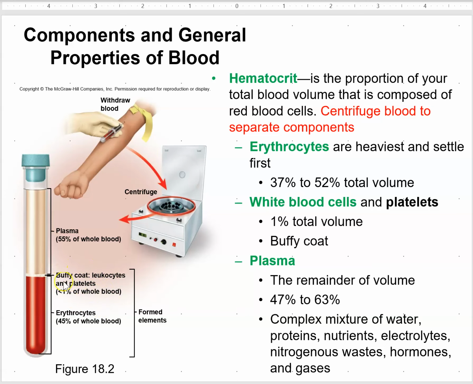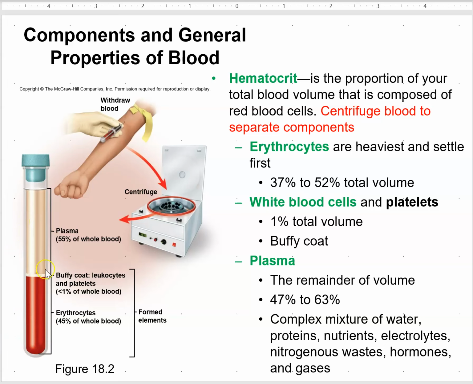Leukocytes is just a fancy name for white blood cells, and this also contains cell fragments, which you call platelets, also called thrombocytes. Only 1% of the blood makes up white blood cells. Everything else is a lot of water and a lot of red blood cells.